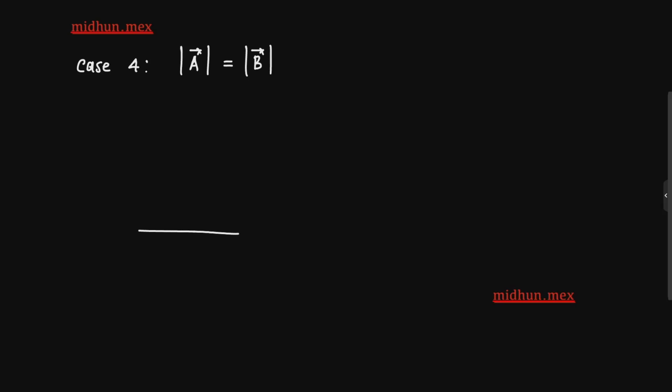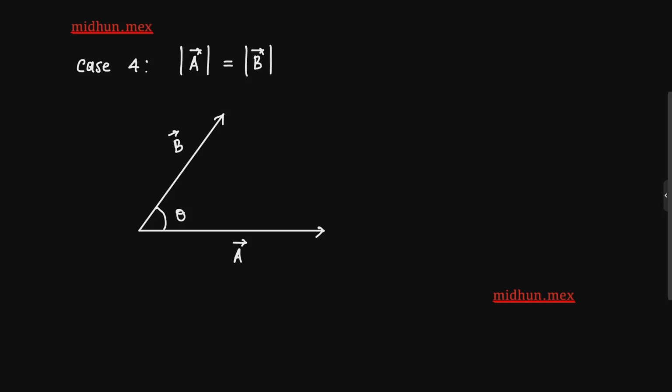So here I am going to show one example. Suppose I take like this. This is our vector A, and maybe this is our vector B. Both have the same magnitude but different directions, and the angle between them we can mark as theta.